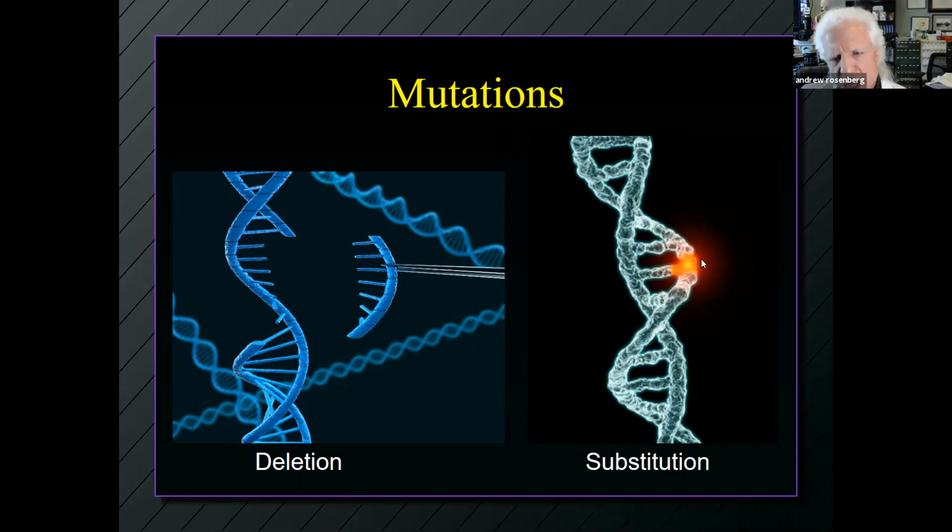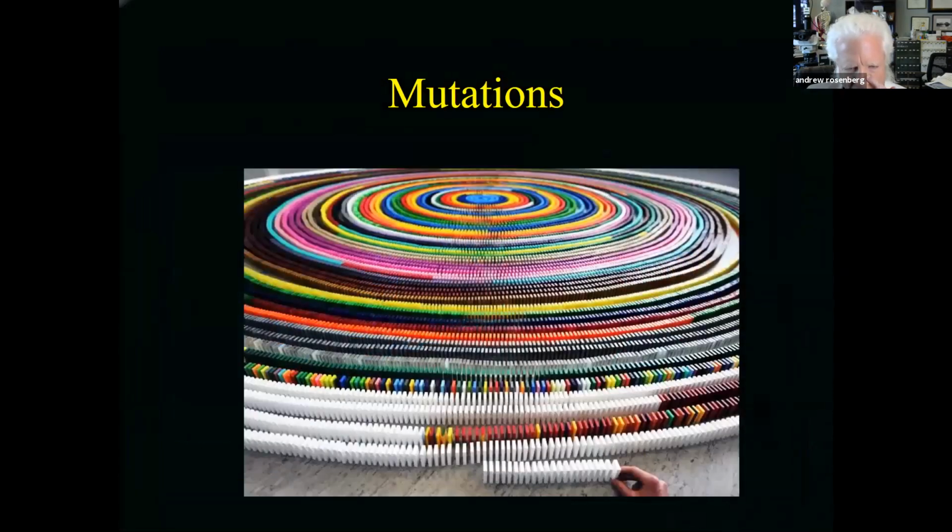Or sometimes the mutation just selectively switches one molecule for another, again, resulting in dramatic changes in the type of proteins and the impact that they have on a cell. And this is an example. Each one of these dominoes of a variety of different colors is related to another. And together, all of these dominoes or all of these genes are producing the proteins that allow our cells and all of the cells of our body to function normally.